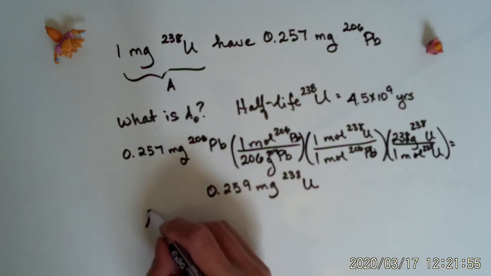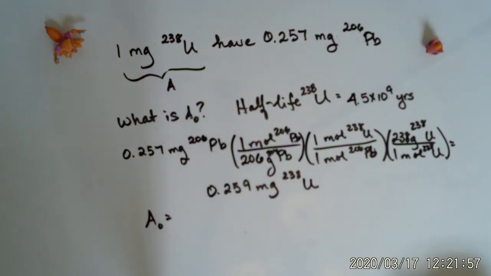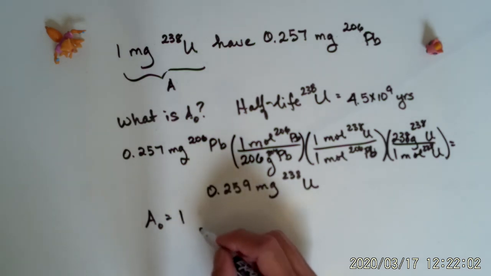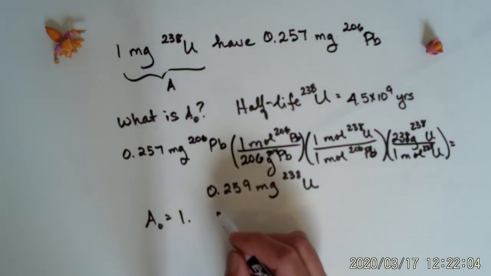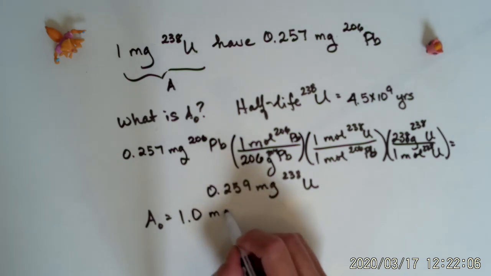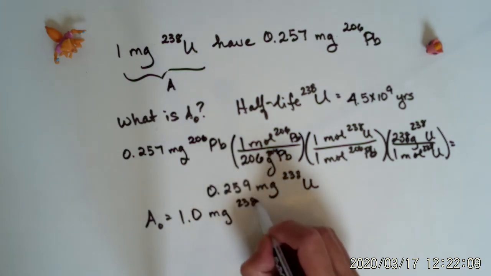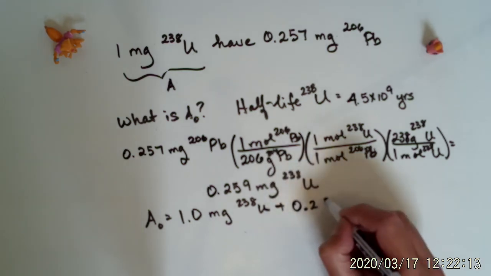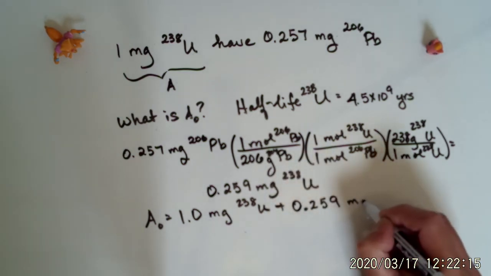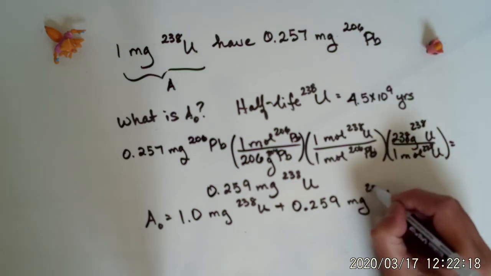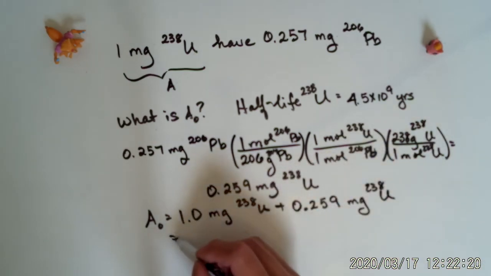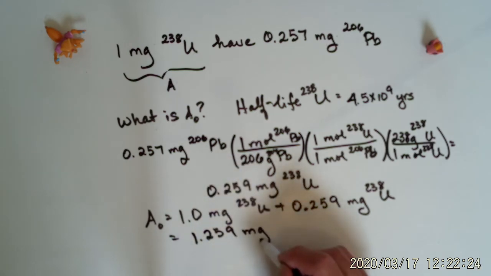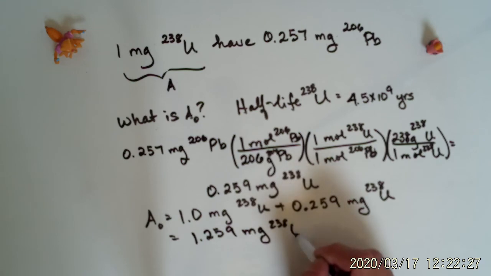So now we know that A naught, the original sample, currently contains 1 milligram of uranium-238, plus what had been converted, which is the 0.259 milligrams of uranium-238. So now we know what A naught is.